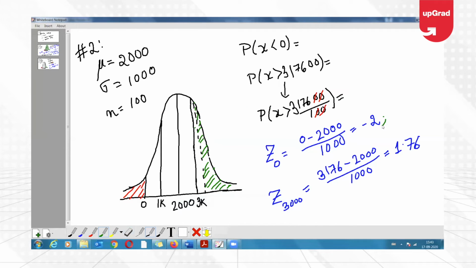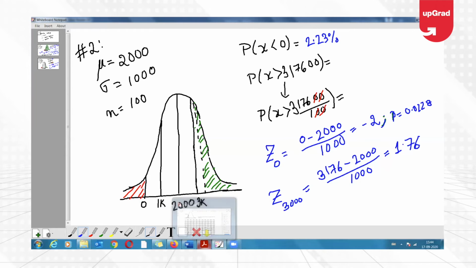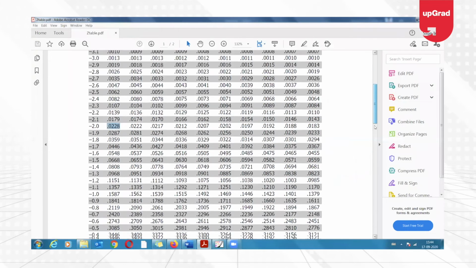So the p-value is 228, which means less than 0 is 2.23%. Now this one is 1.76. So let's come down to the positive side.